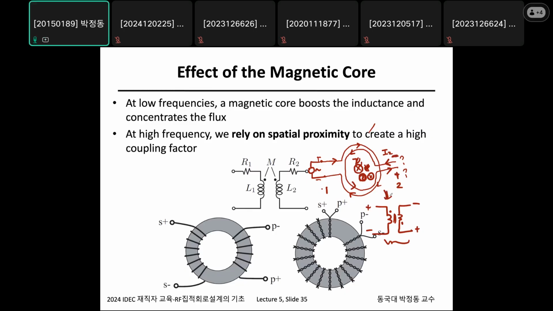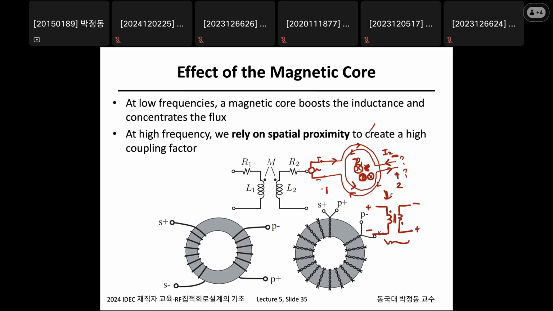All right. Also, another important thing. You notice that inductance is defined even in DC. Inductance is defined even in DC. It doesn't matter whether it's DC or AC. That's important.